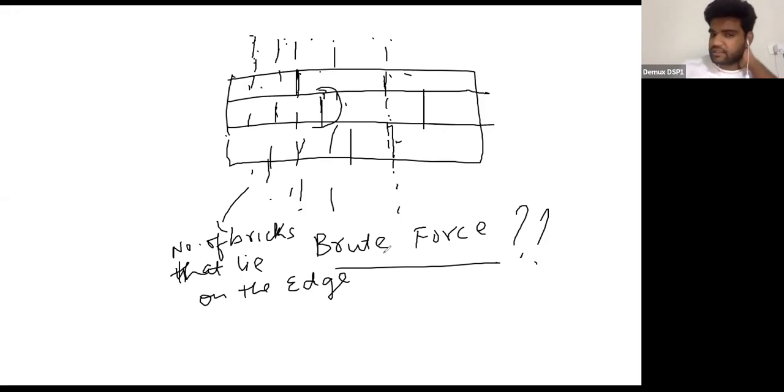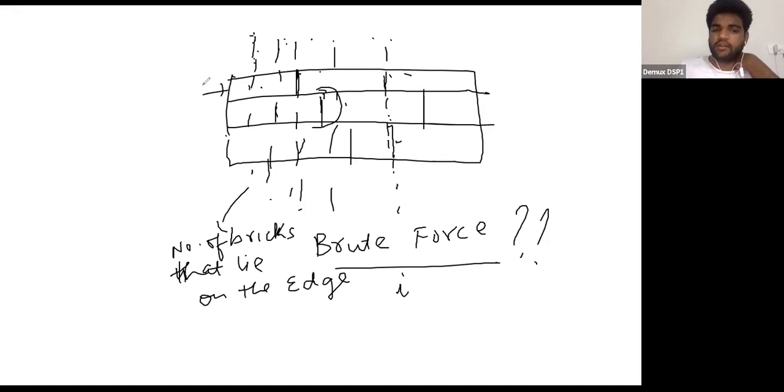For every edge, you fix an edge, and for every edge, you iterate through the entire array, right? When you are in this row, you can keep a count. So how much time will that take? For every position, you are going through the entire array.